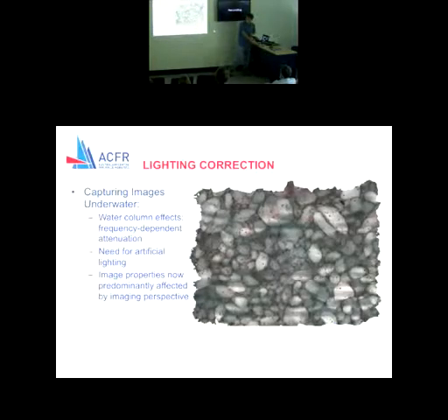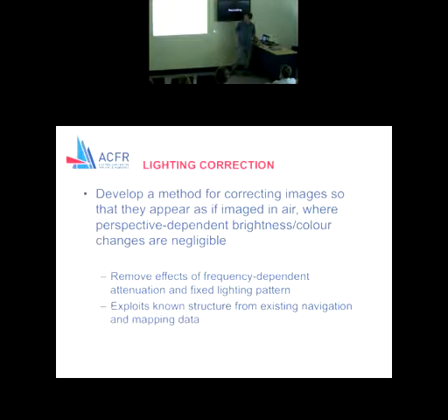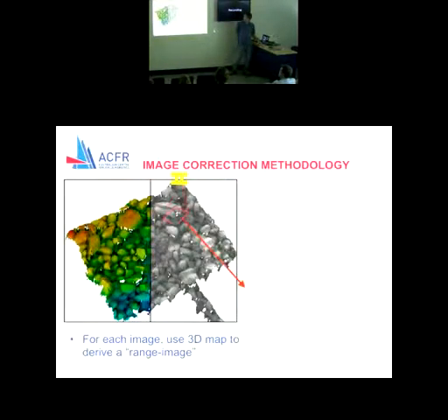And this results in these sort of artifacts that I was showing earlier. So these stripes that are coming back and forth because of slight changes in the altitude of the camera. So we've been looking at methods to exploit the 3D structure that we have from the stereo data to get a better lighting compensation.